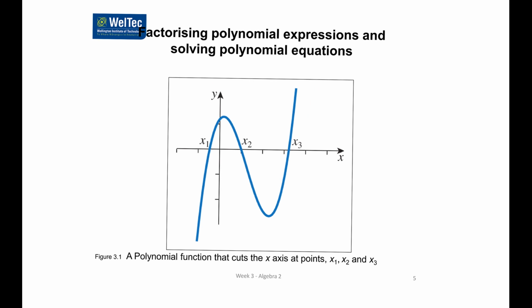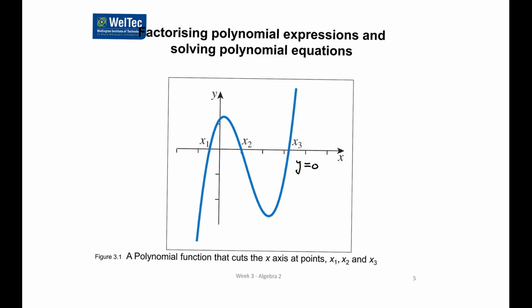Sometimes you're asked to find the equation of something that's a bit more complicated than a quadratic. In this case it's a cubic, but you're given the x-intercepts, so you're given where y is equal to 0.